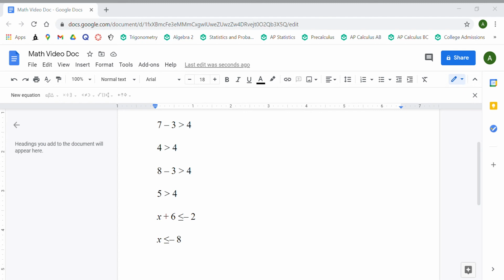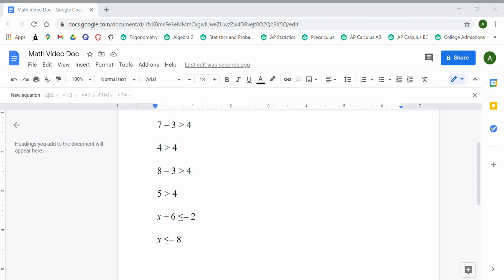Bear with me with this horrible drawing. It's negative 8, right? Because x can be equal to negative 8, we need to draw a closed circle over negative 8. And since the arrow is pointing to the left, we shade to the left.